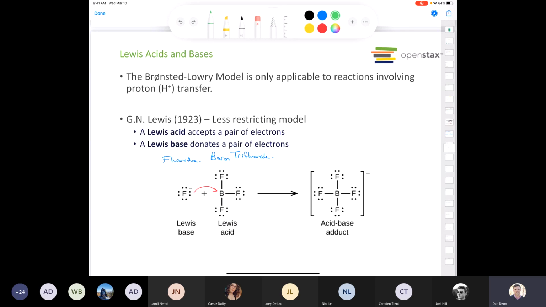Anyhow, you see that in here, it's surrounded by 1, 2, 3, 4, 5, 6, 7, 8 electrons. And so the boron in the acid-base adduct does have a complete octet of electrons, like that. Again, the Lewis acid is our boron trifluoride, right? It's accepting the electrons from our Lewis base, which happens to be the fluoride ion here.